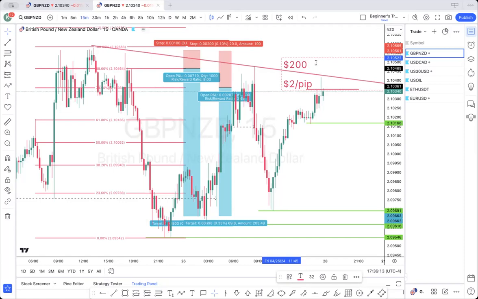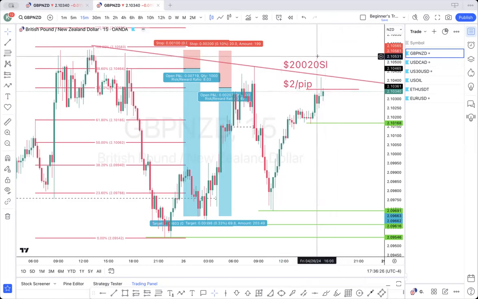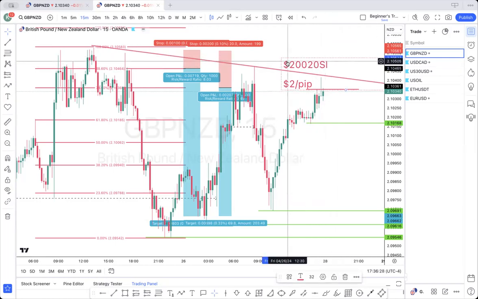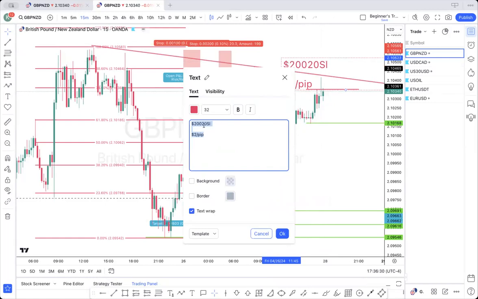All right. So we got a 20 pip stop loss. Why is this doing this? Hold on, y'all. Okay. 20 pip stop loss.